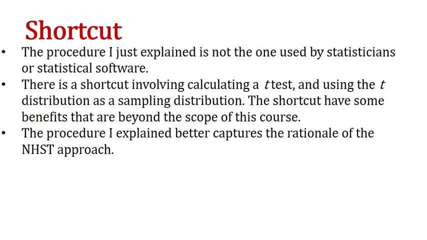It actually uses a t-test distribution. It calculates a t-score, and it uses a t-distribution as a sampling distribution. And this is convenient because we know the theoretical t-distribution. We don't have to do it by resampling.